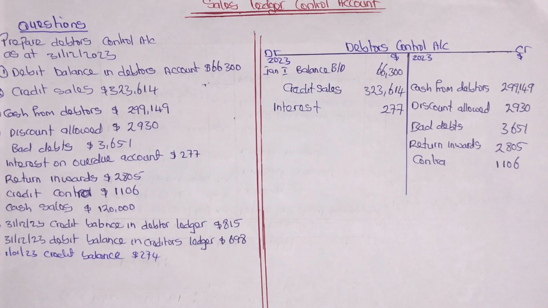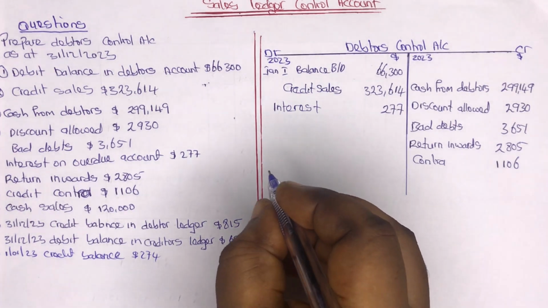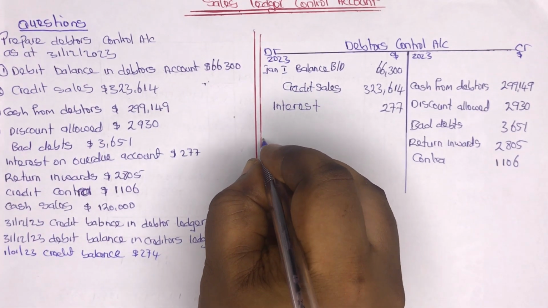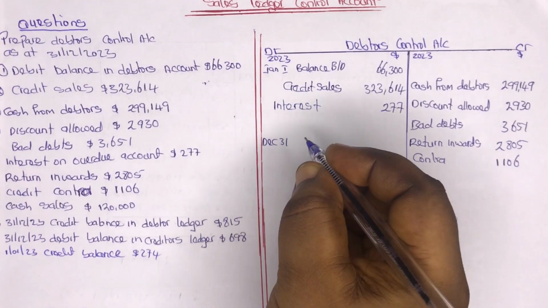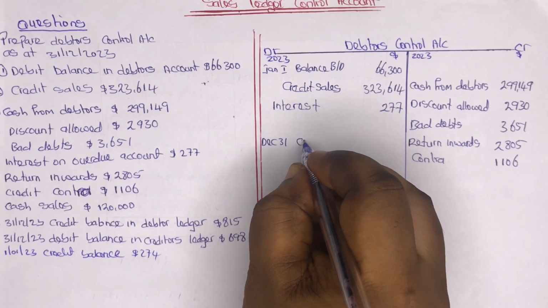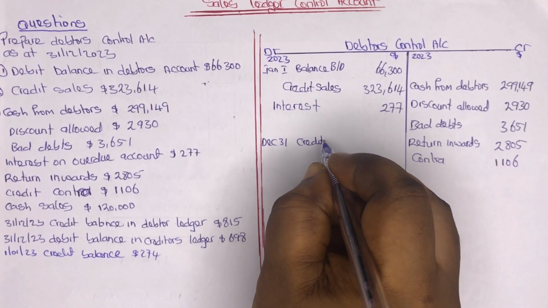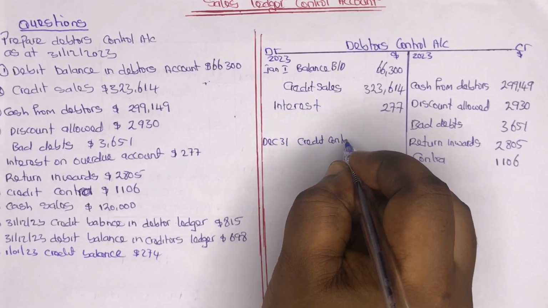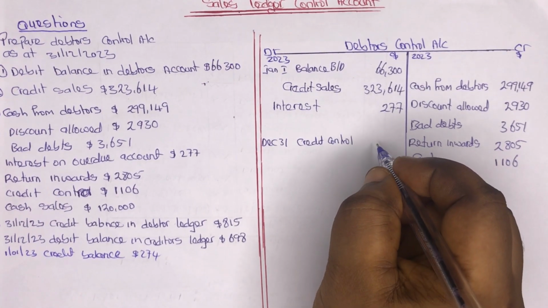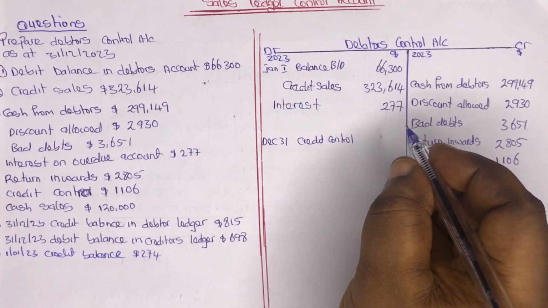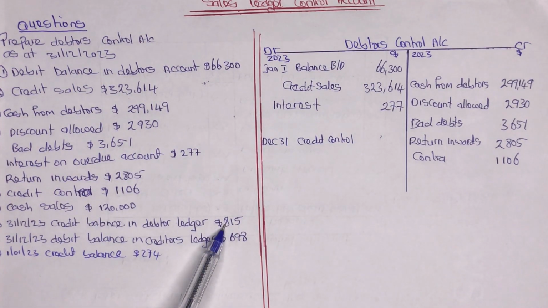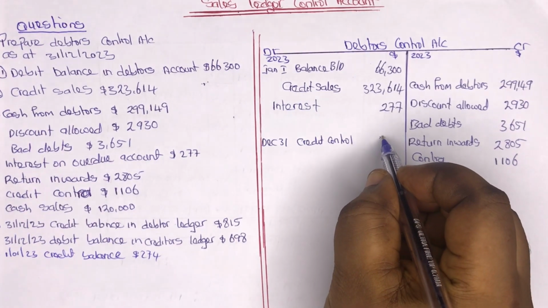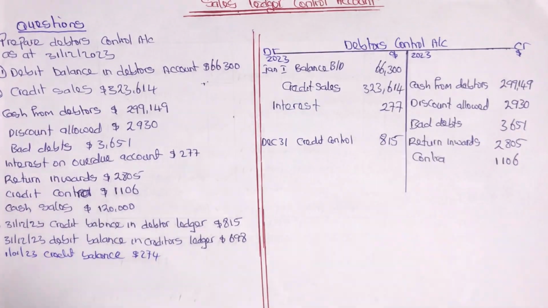So we debit it in the debtors ledger. On December 31st, we have credit control, and the amount is $815.